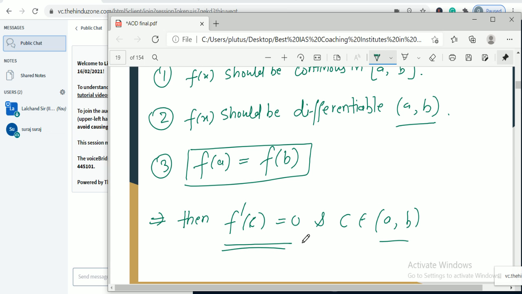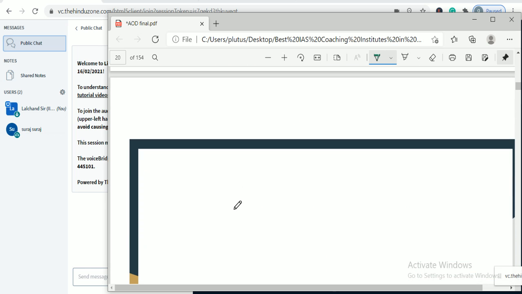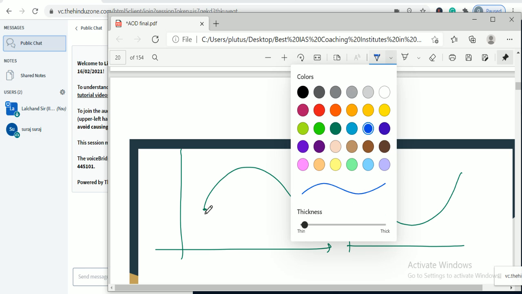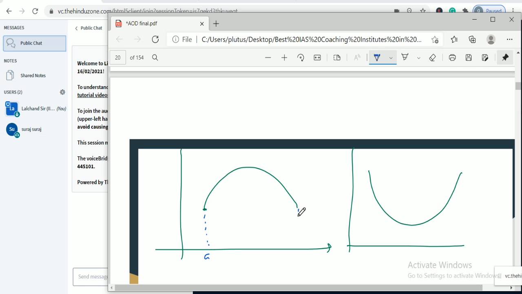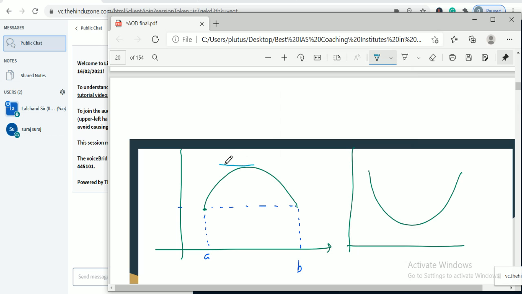What does that mean geometrically? If we implement all these conditions geometrically, then for Rolle's theorem the function will look like this. This is point A and this is point B. The function is continuous and differentiable, and f(a) is equal to f(b). So there is a tangent here, parallel to the x-axis.